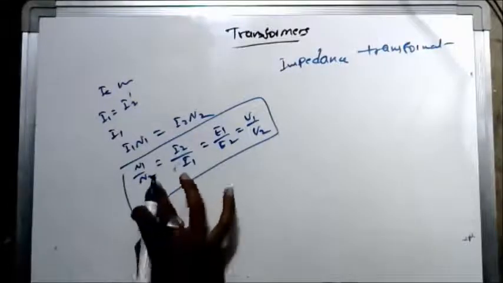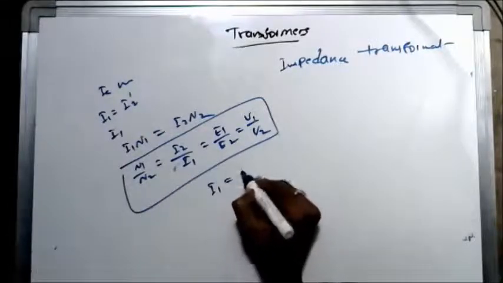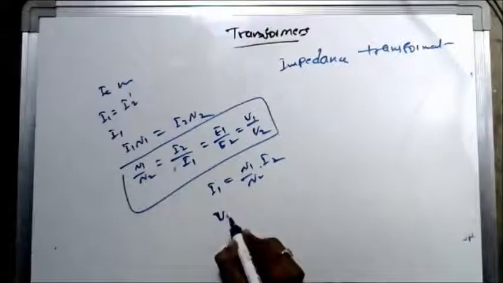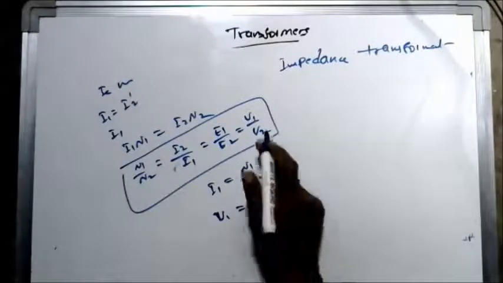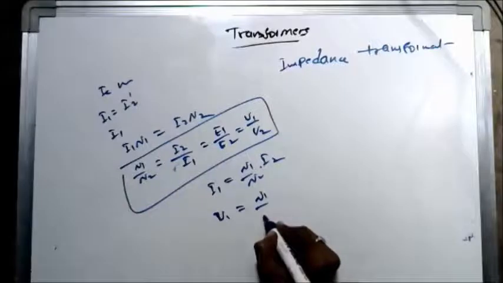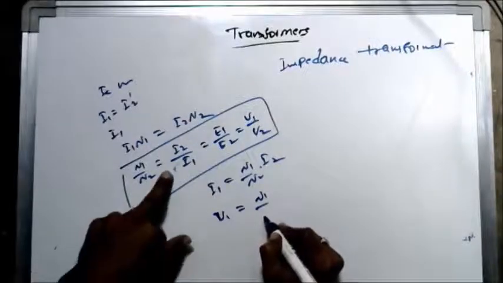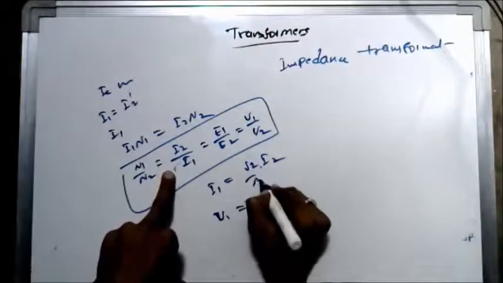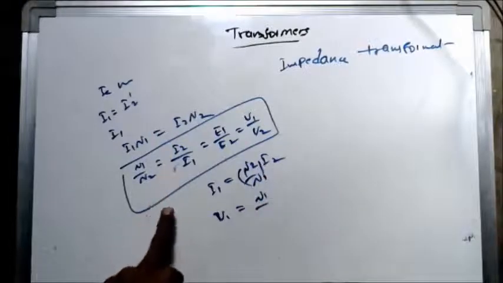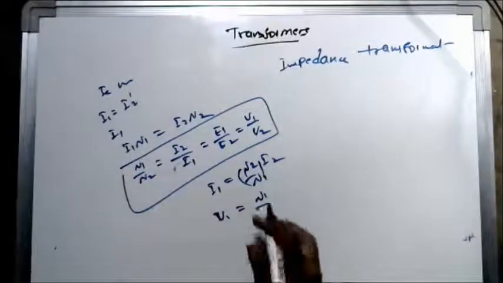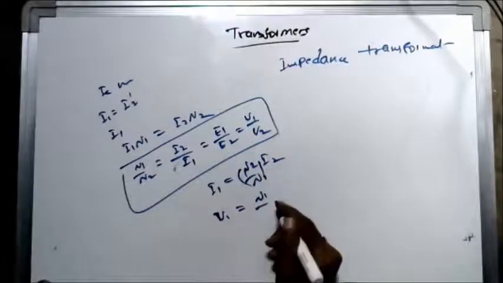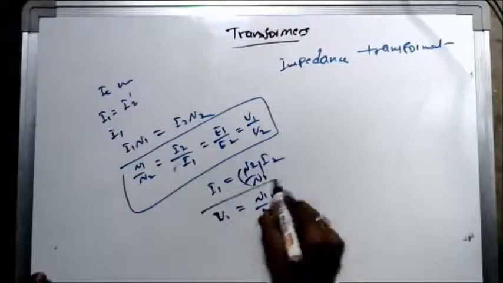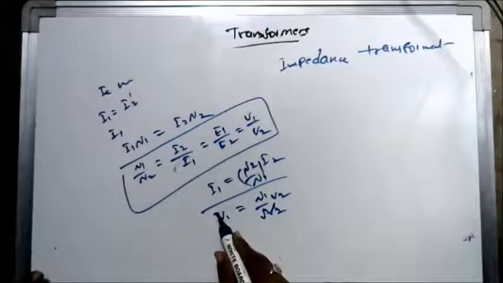See here, I can write I1 is equal to N2 by N1 into I2, and V1 is equal to N1 by N2 into V2.